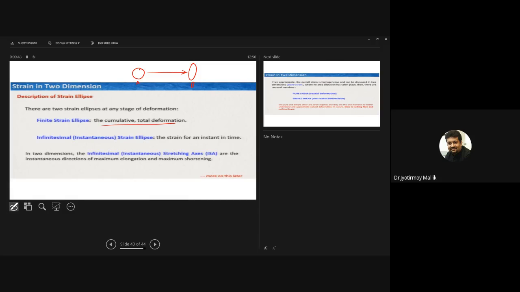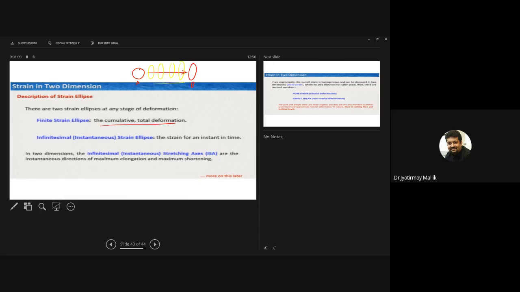So that means between A to B, what I am interested in is many shapes. Maybe this becomes first like this, then it becomes a bit more constricted, and finally it comes here. Okay. So I am interested in any of the instances.